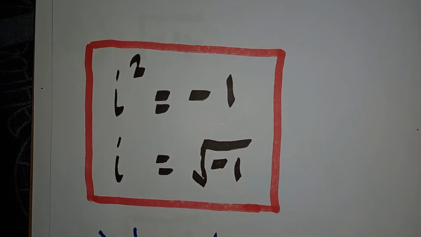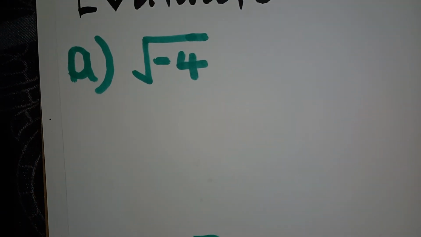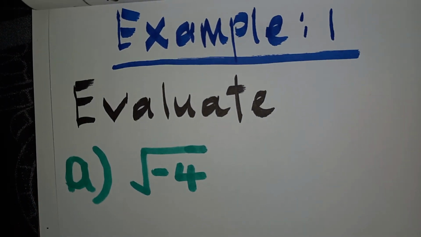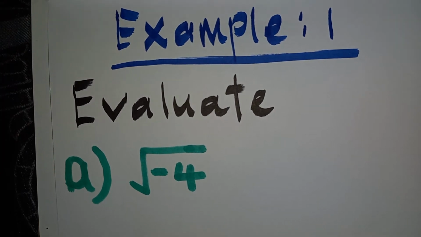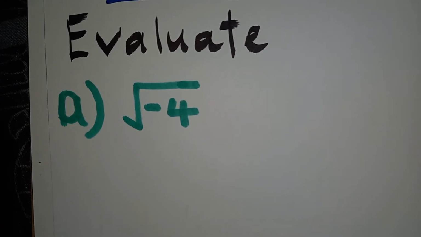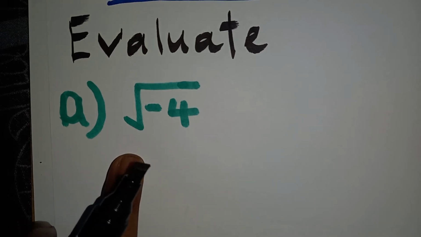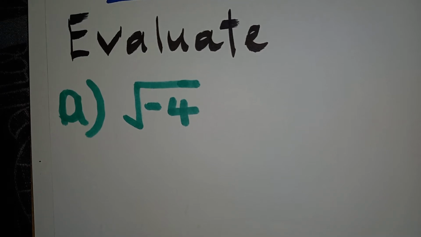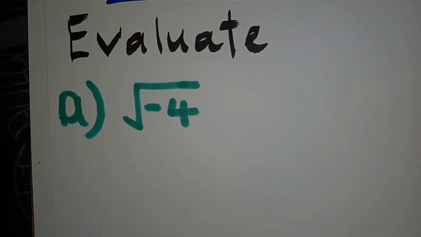Okay, let's do an example, and let's see if we can use the imaginary number i. So we have a negative root here. If we press this in the calculator, we will have something as undefined, right? Our fx calculator gives the answer for root of negative 4 as undefined. Now if we introduce the letter i, we can make that possible.